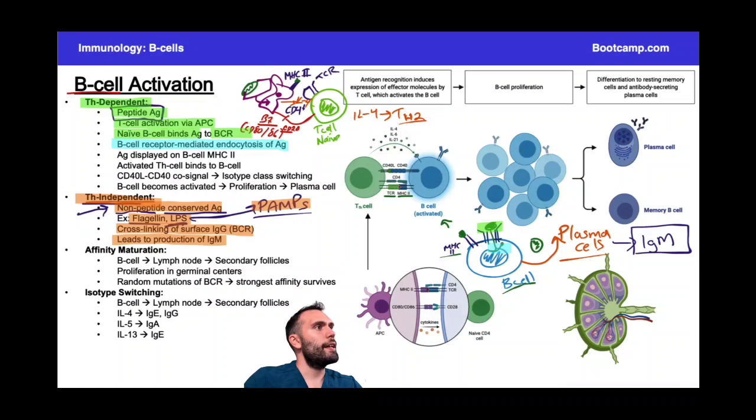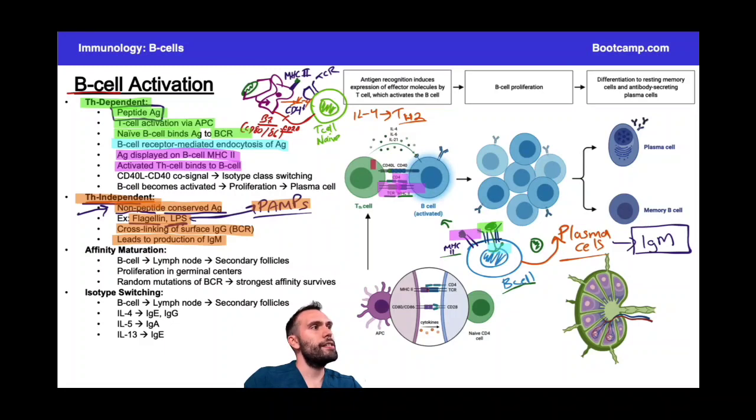Then the next step would be to display that antigen on the MHC2 receptor, which we can see here. So we found the antigen bound to our immunoglobulin, we internalized it, and then we presented on MHC2, and there you can see it right there, bound to MHC2, binding to a CD4 receptor, right? Activated T helper cell binds to that B cell using a T cell receptor and CD4 positive co-receptor. And then the last step here, there's another co-stimulatory signal.